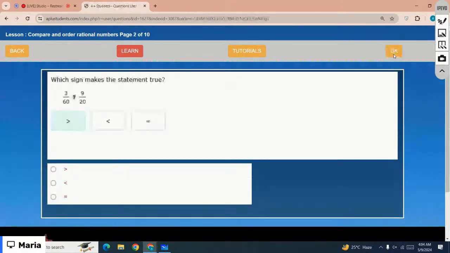Okay. Which sign makes the statement true? 3 over 60 and 9 over 20.